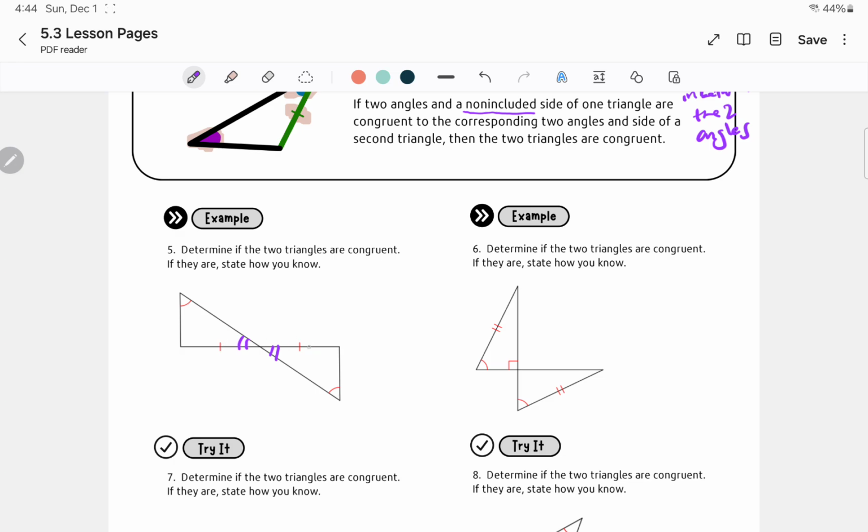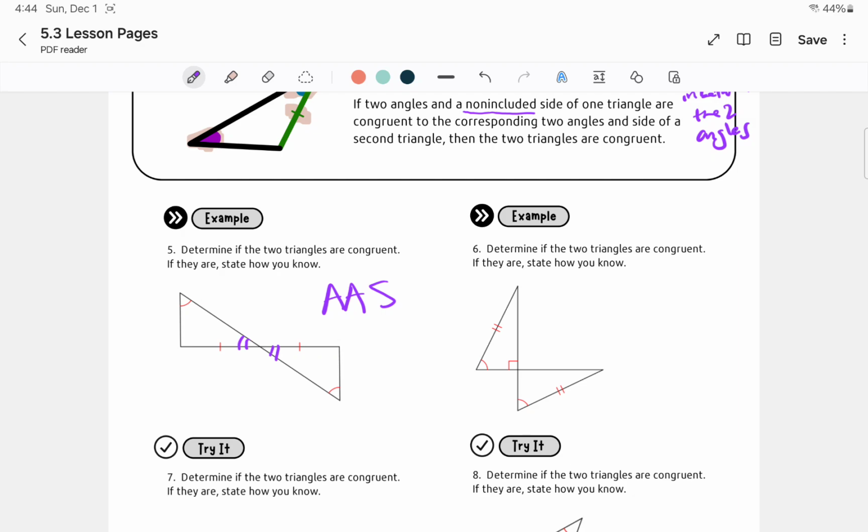And if you can tell, this triangle has basically been flipped twice. If you flip it vertically and then horizontally, this side is still the same. So it's angle, angle, side. Hopefully that makes sense. Just know that if you have two angles and the side that's not in between, and that's congruent on both triangles, you have angle, angle, side.